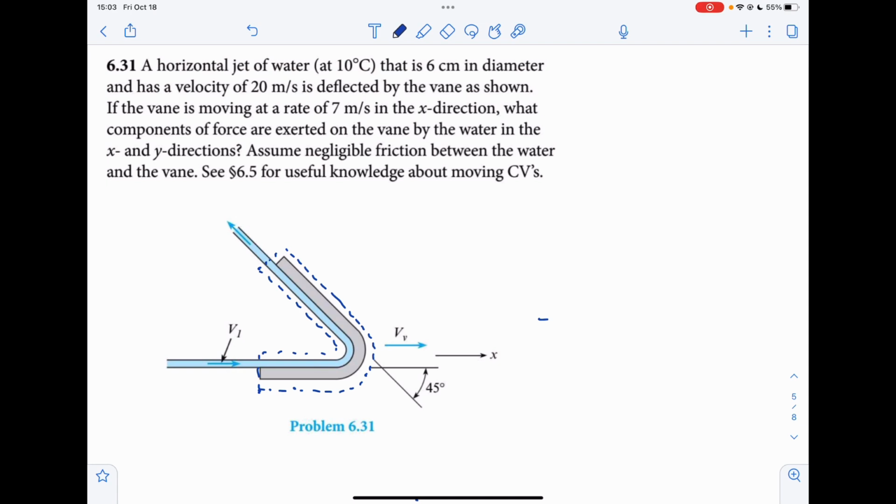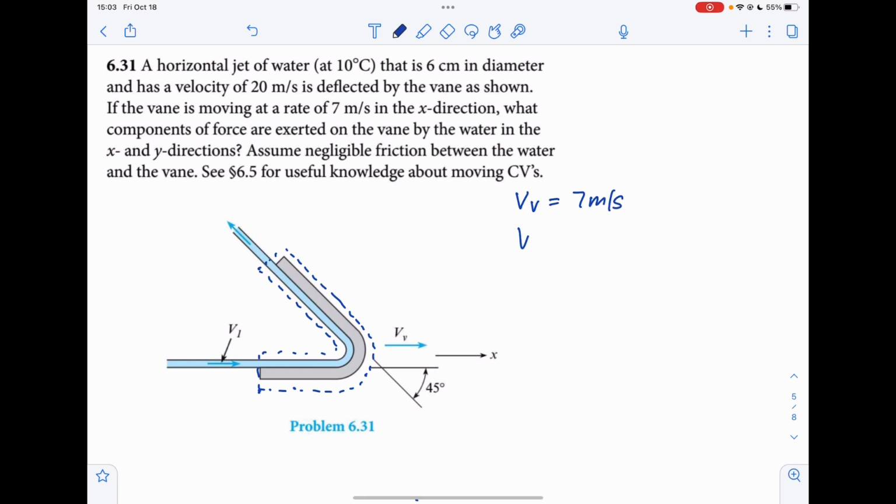Now let's look at 6.31. For this problem, we actually have a moving control volume. So the moving speed is 7 meters per second.